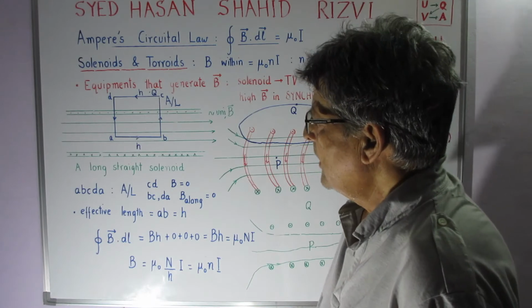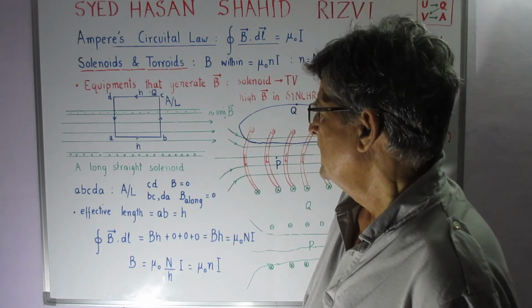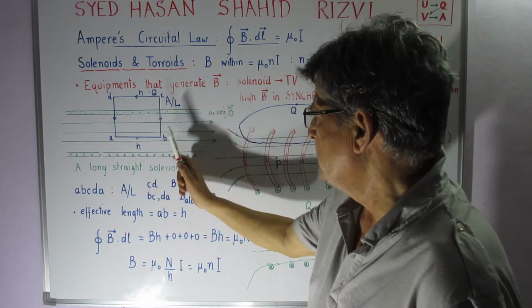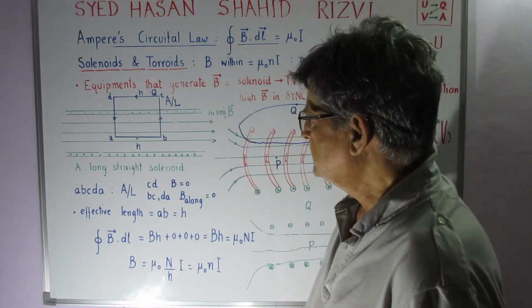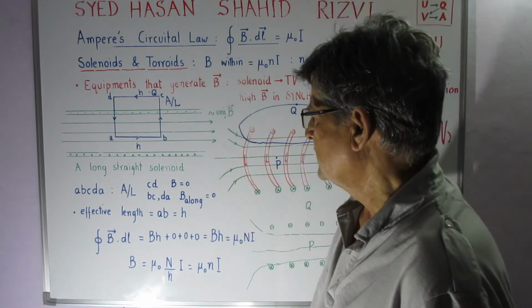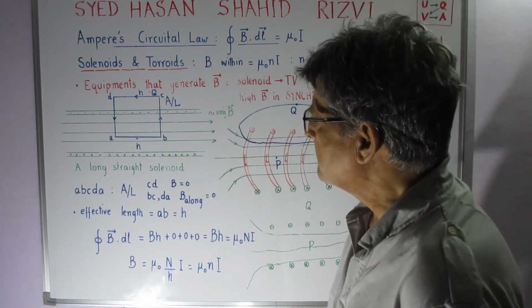Now this is A, B, C, D. This is the Amperian loop that we are going to take into consideration.